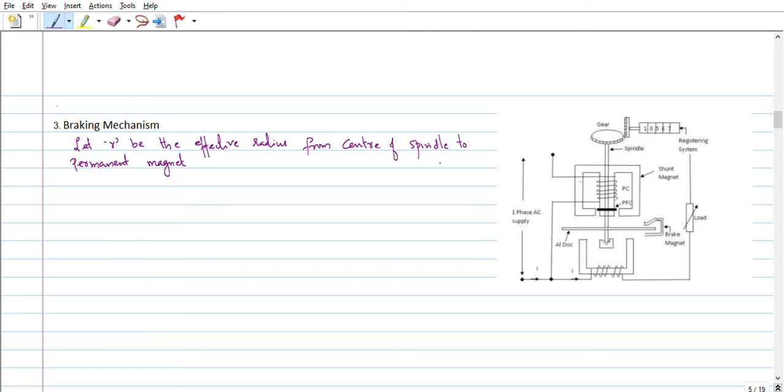This is the center of the spindle and this is the permanent magnet. So I am just taking this r as the radius.